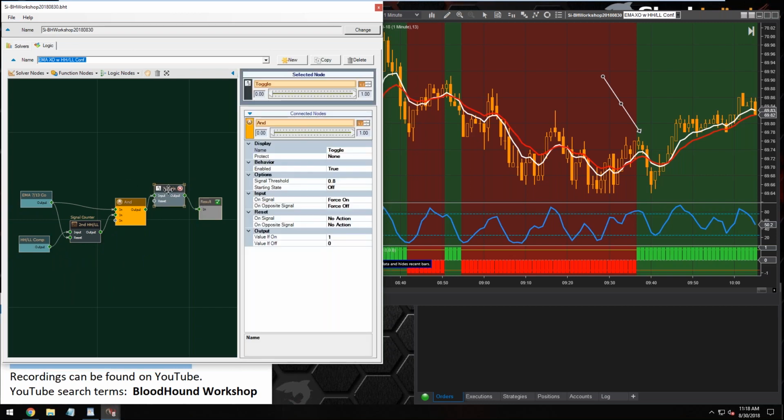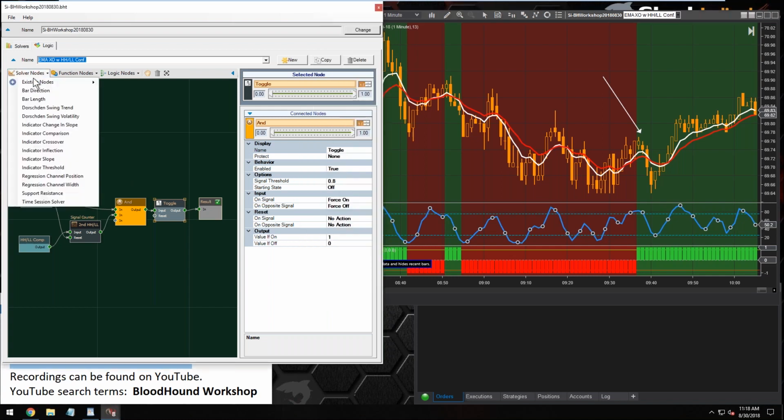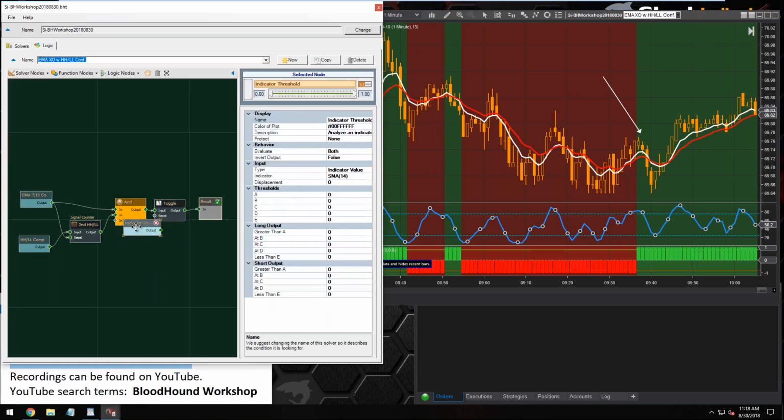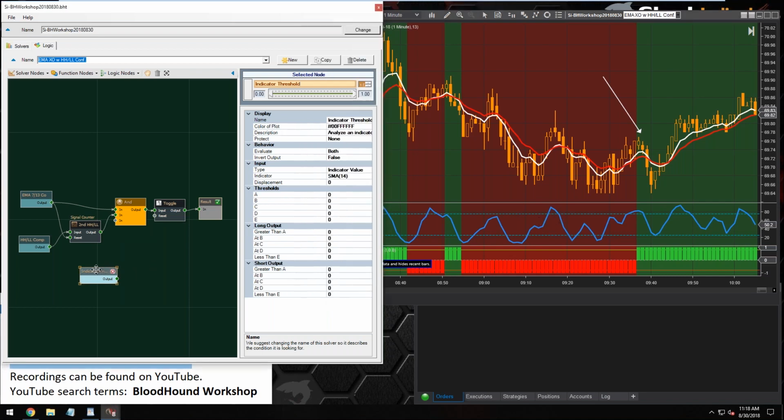And next, let's look for the stochastic setup. What we're looking for is a threshold solver, right? So we're looking for the Fast Stochastics to touch the 25 threshold level or exceed the 75 threshold level there.